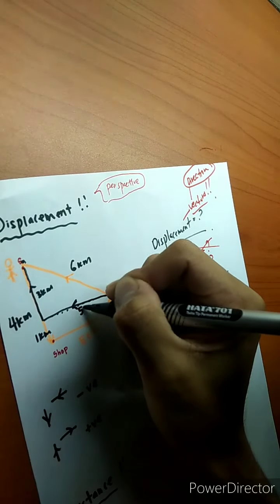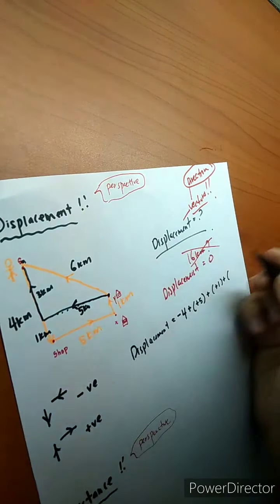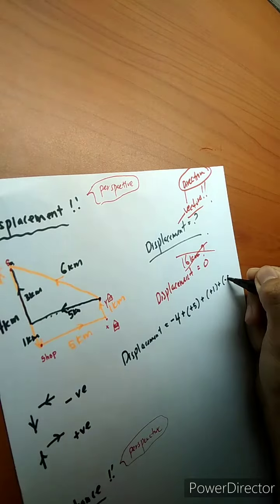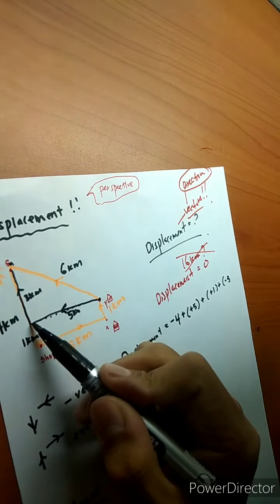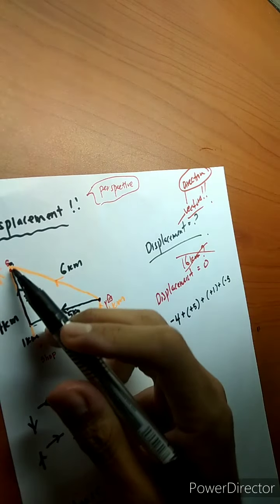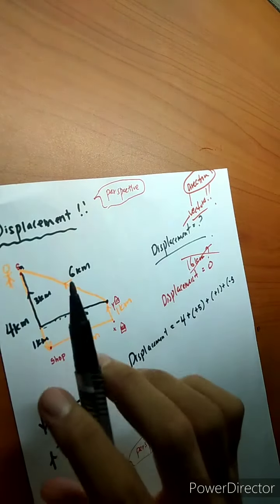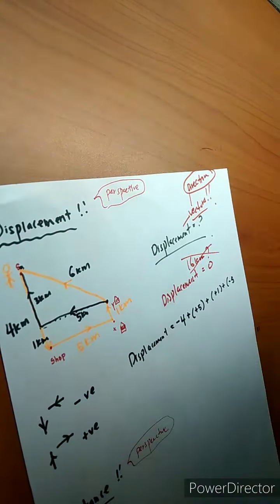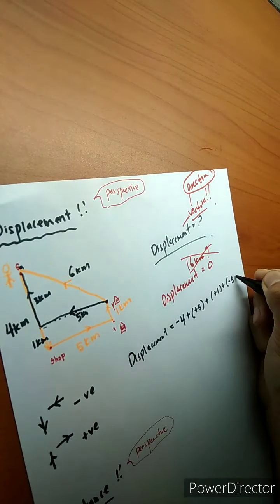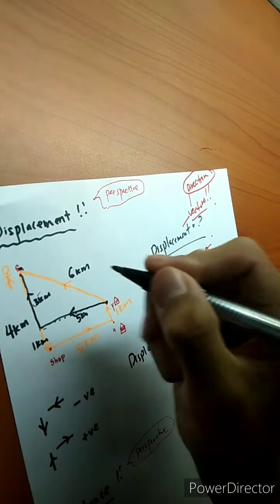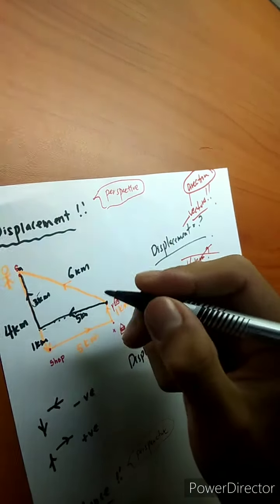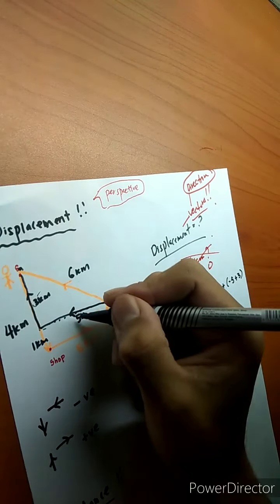So this is 5 kilometers to the left, so -5, and from here to here is +3, because it is towards the top or upwards.